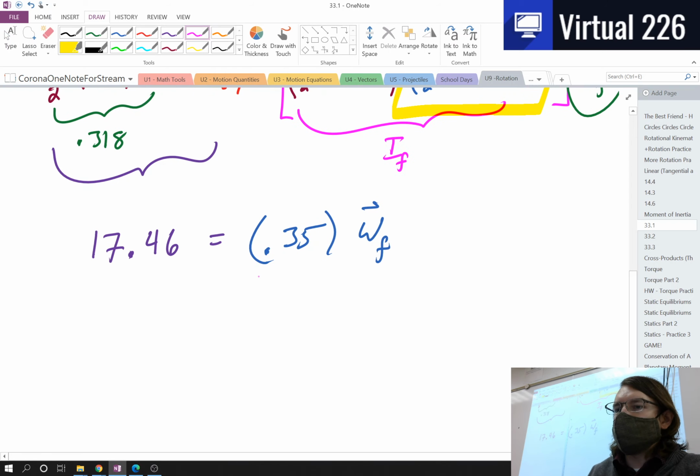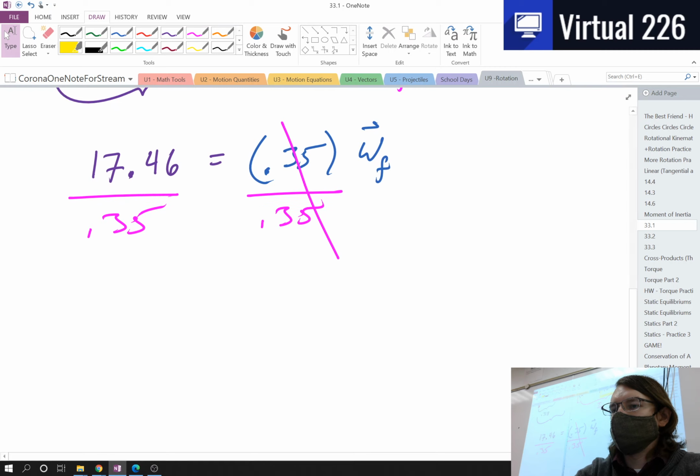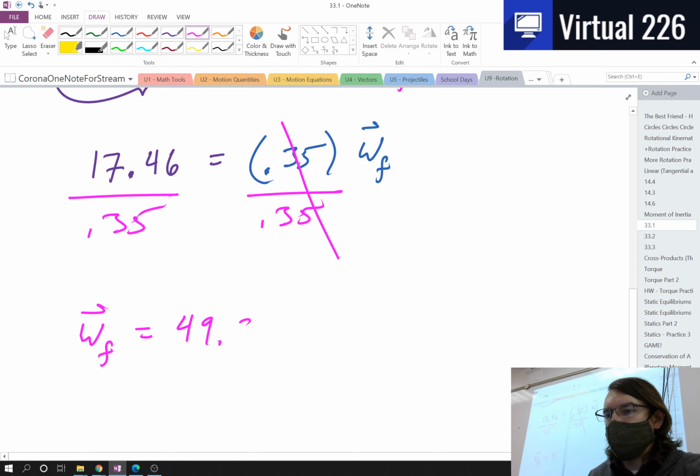Now this is very straightforward. I can simply divide by 0.35, divide by 0.35. This will give me a final angular speed of 49.88 or 49.89, and our units here are going to be radians per second.